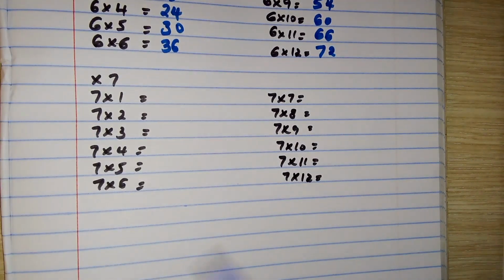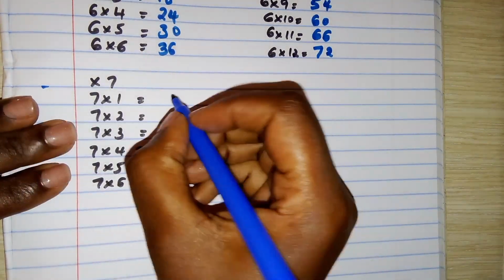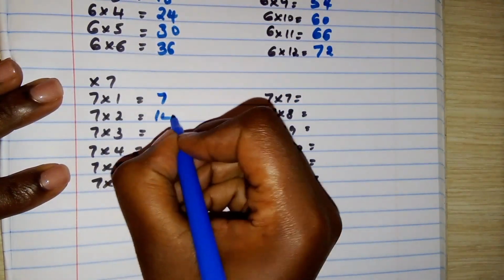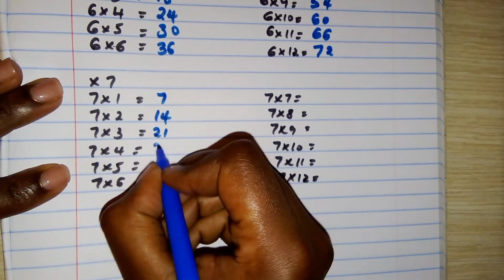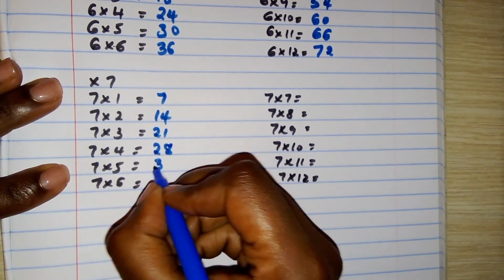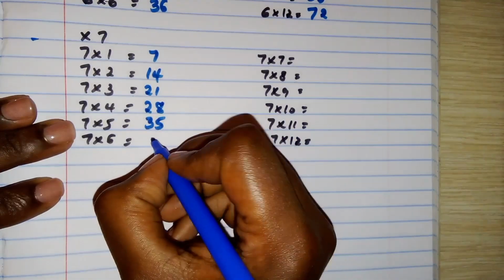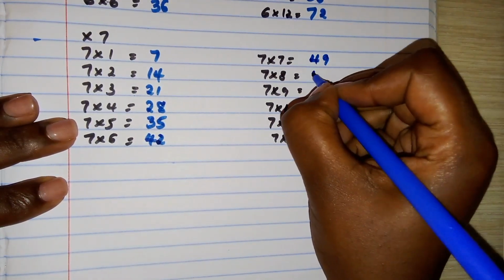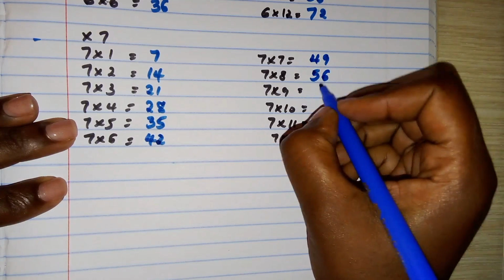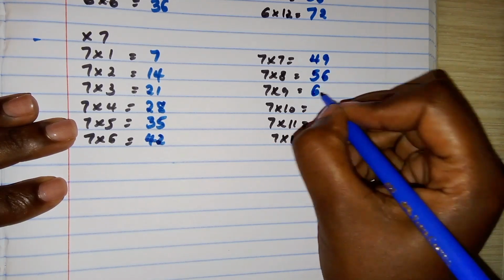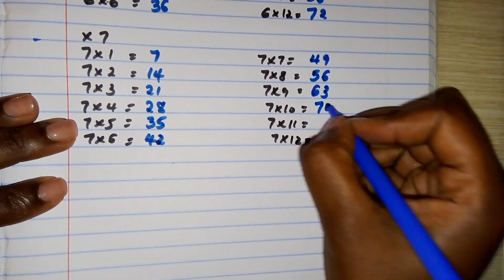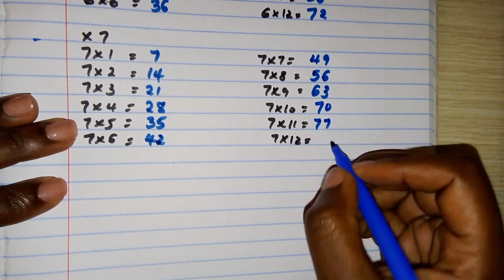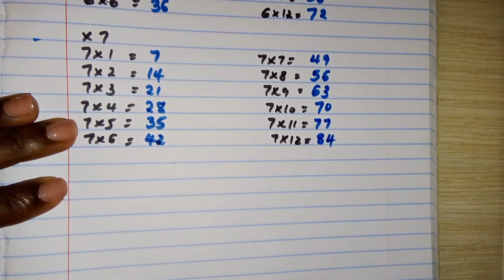So again, we keep counting by 7. 7 times 1 is 7 plus 7, 14 plus 7, 21 plus 7, 28 plus 7, 35 plus 7, 42 plus 7, 49 plus 7, 56 plus 7, 63 plus 7, 70 plus 7, 77 plus 7, 84.